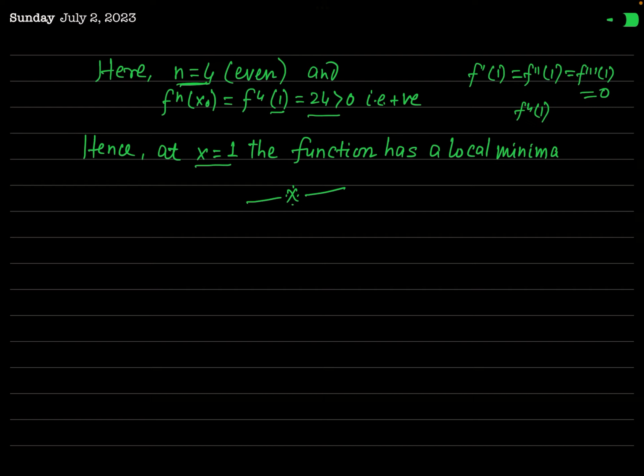I think after this example, the rules which we have learned for the nth order derivative for finding the local maximum and minimum value of a function have definitely become clear to you.